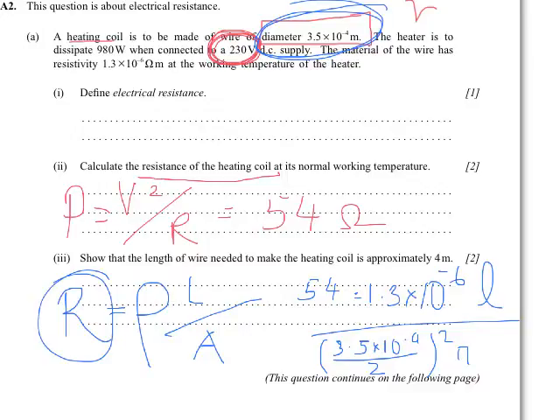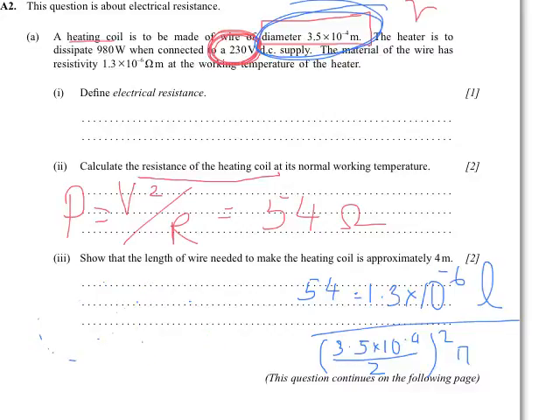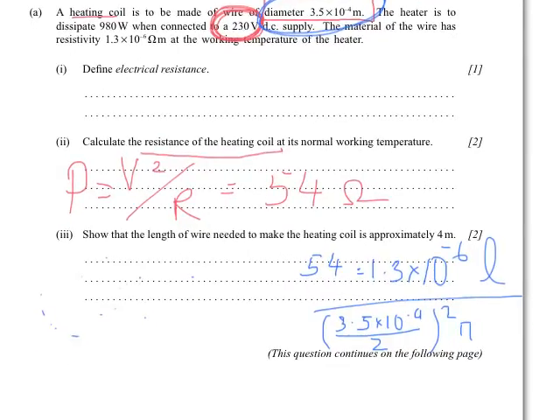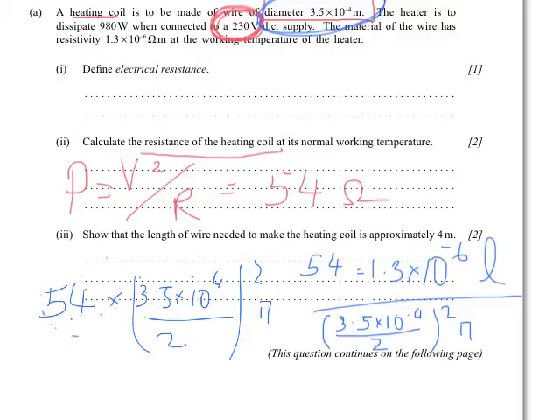Okay, so if we rearrange this, we get rid of this. We rearrange it and we end up with 54 times 3.5 times 10 to the minus 4 over 2, squared, times pi, divided by 1.3 times 10 to the minus 6, and that should give us the length.